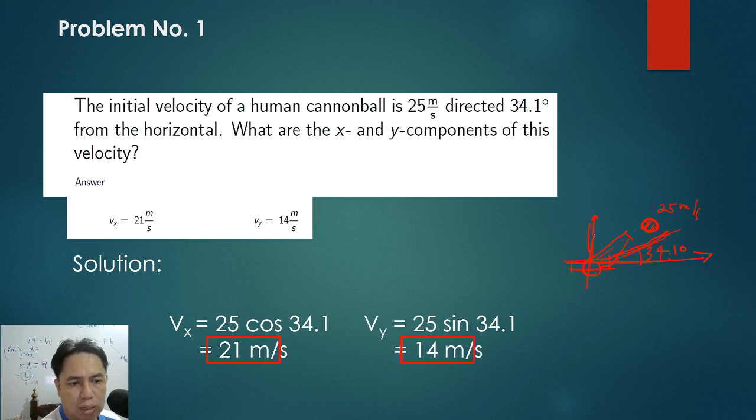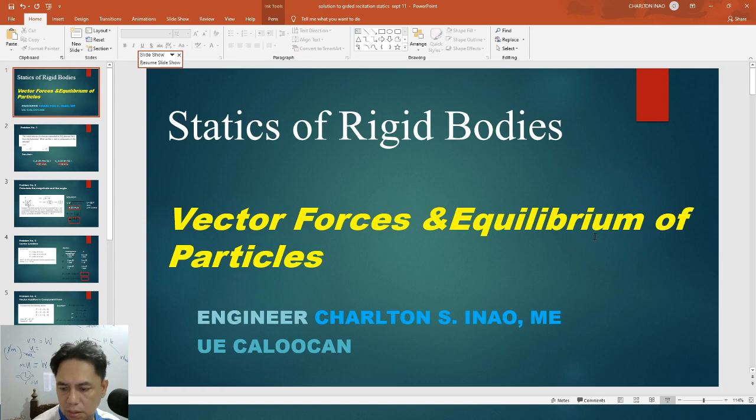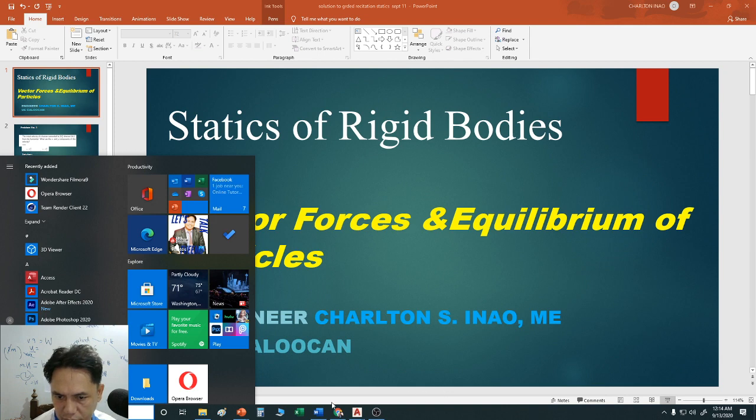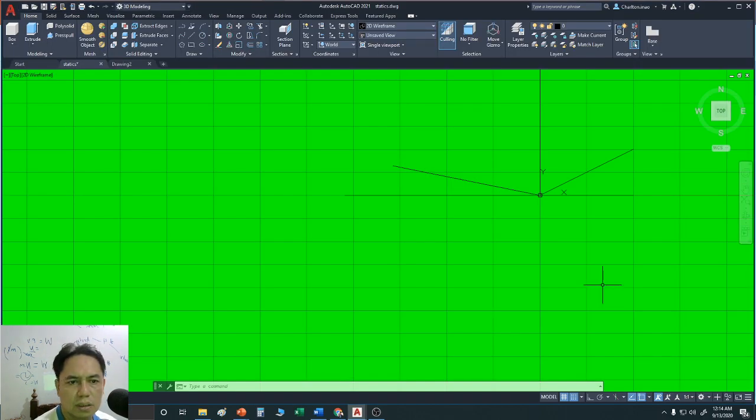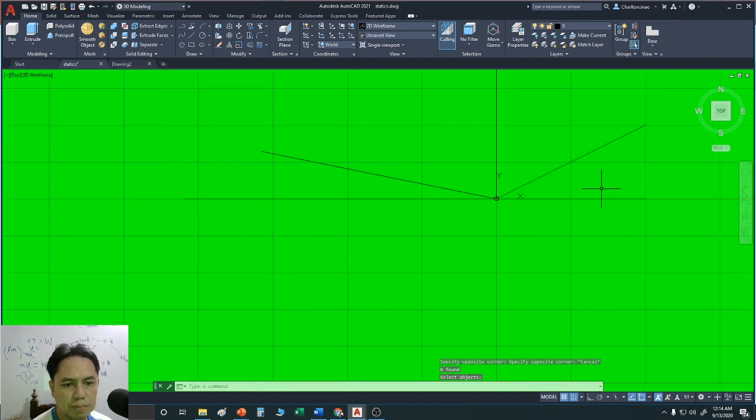Our given is 34.1 from the horizontal, so we are going to use the CAD. This is my drawing: 34.1 from the horizontal.